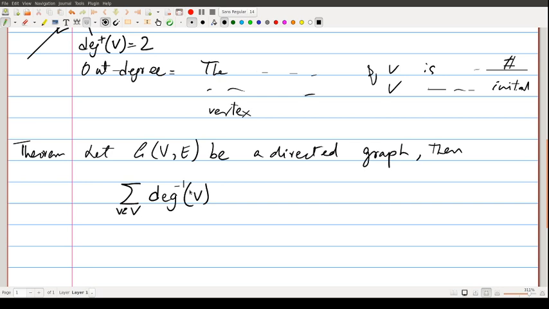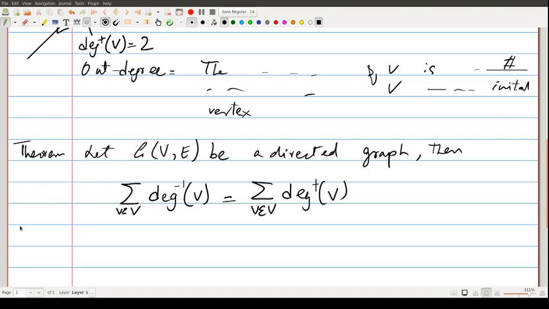If you take the sum over all vertices, counting their in degrees, or you take the sum and count the total out degrees.